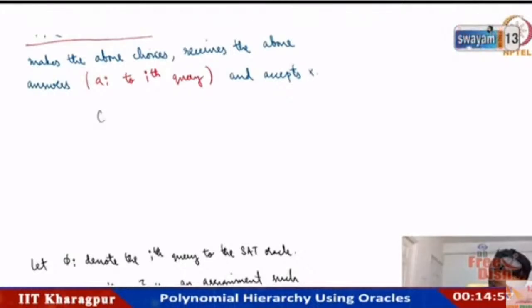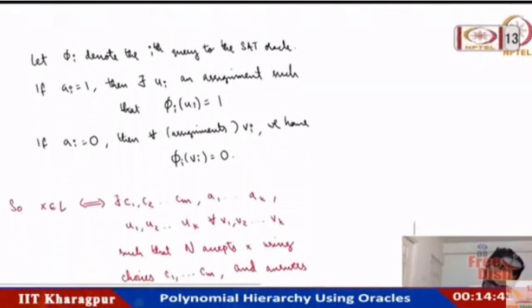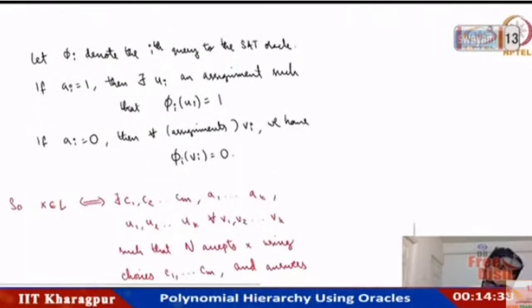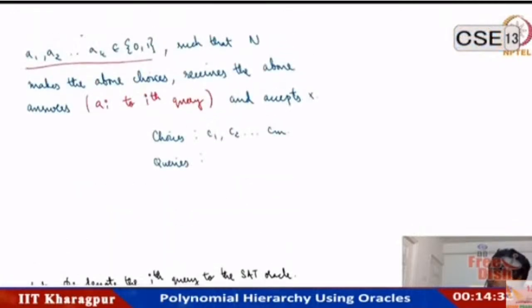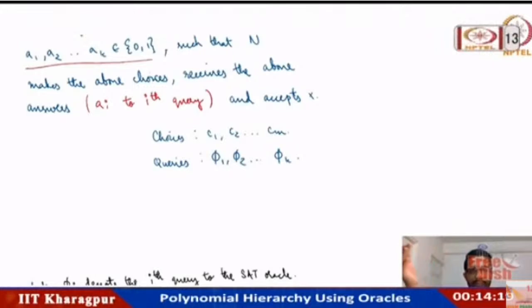It makes many choices, C1 to Cm, and makes queries phi 1, phi 2, up to phi k. I said it makes k queries, and recall, each of them is an instance of satisfiability, because that is the oracle that we have.